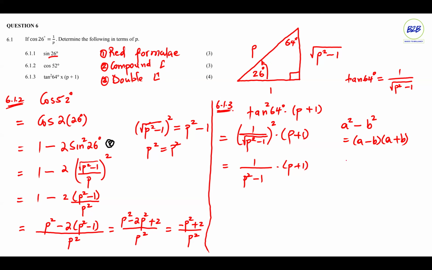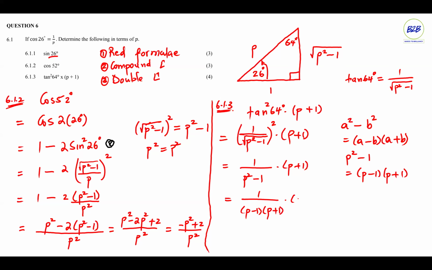And then how do we therefore simplify p squared minus 1? Same thing, it's a difference of two squares. It would become p minus 1 times p plus 1. So within the denominator now, we will say, okay, this is p minus 1 times p plus 1.